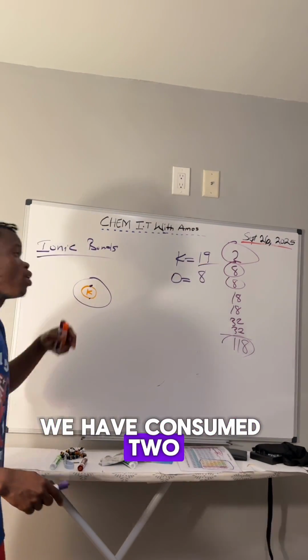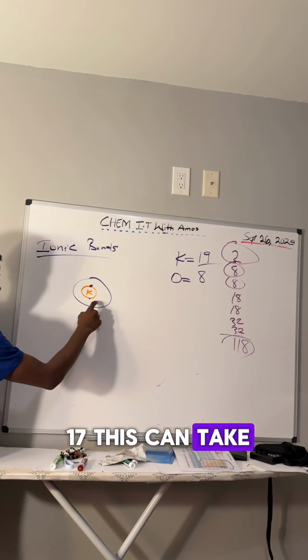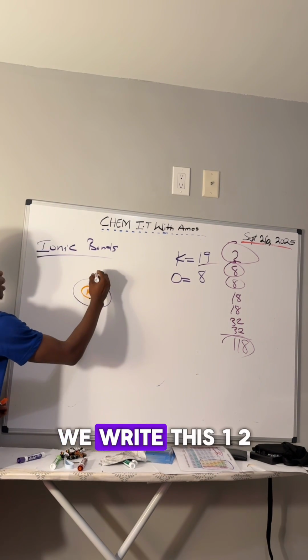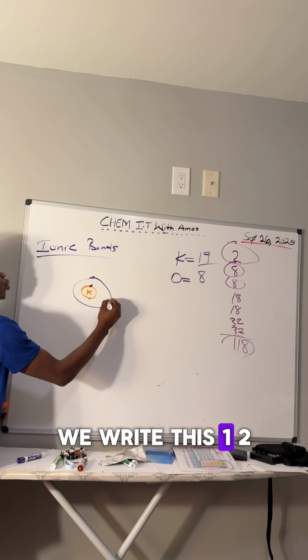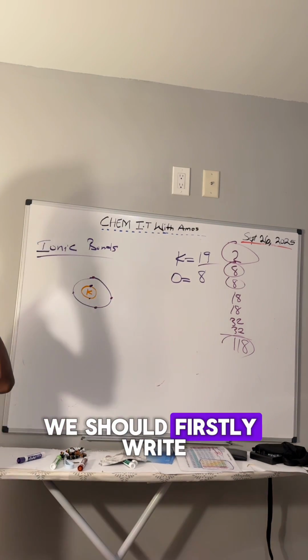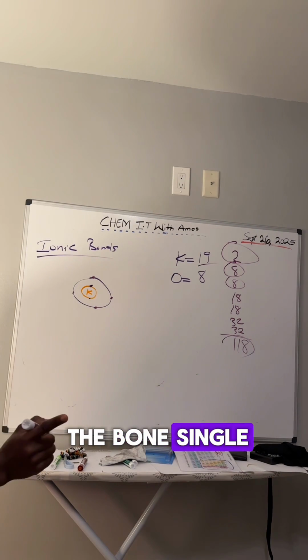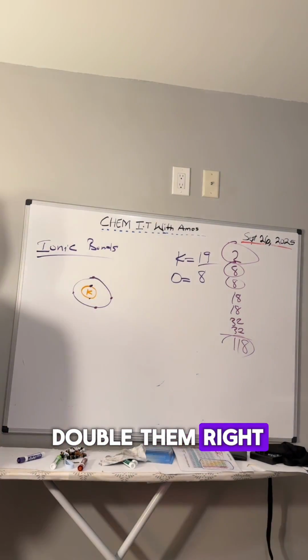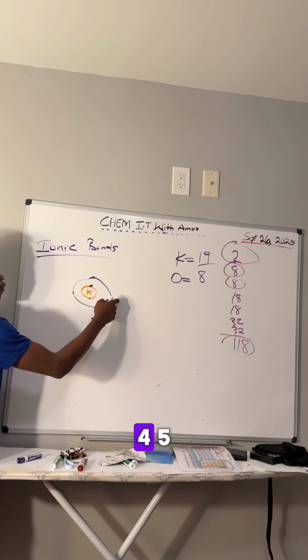We have consumed 2, we are left with 17. This shell can take a maximum of 8. So we write 1, 2, 3, 4. We should first write the single bonds before we make them lone pairs or double them, right? So we have 1, 2, 3, 4, 5, 6.